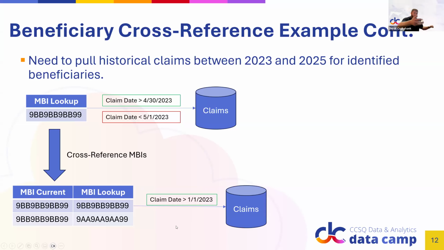And now when we go to pull claims historically all the way through, we're going to use this MBI lookup and include both of those MBI values so that we know for a fact we're going to be able to pull claims when this beneficiary had a different MBI than the one we identified in the period we were interested in.